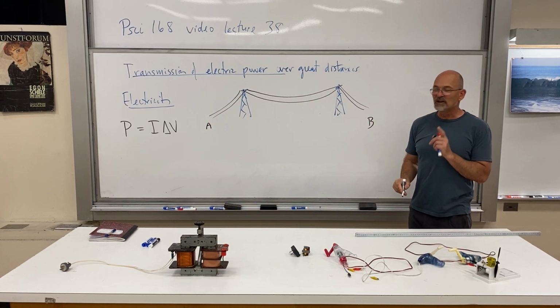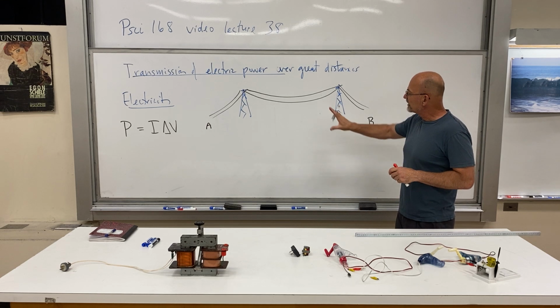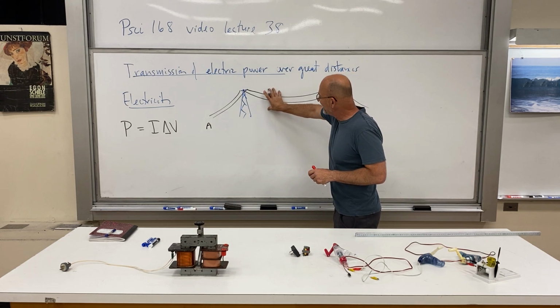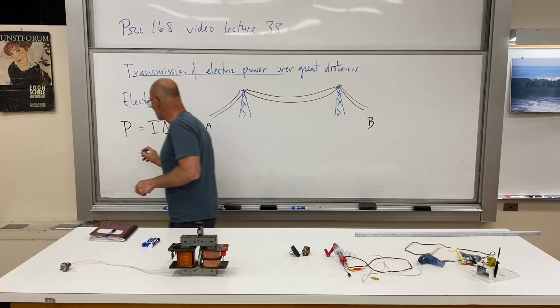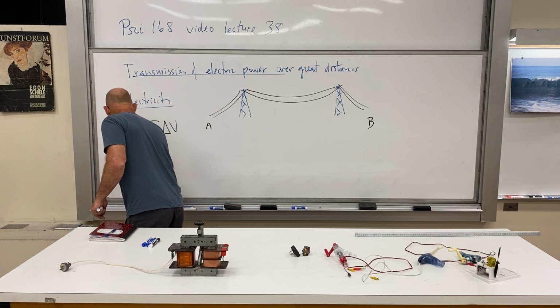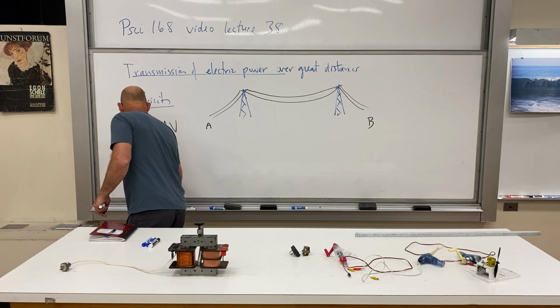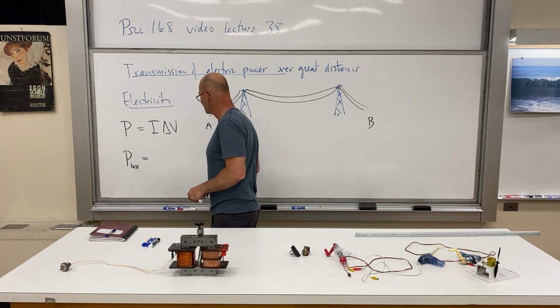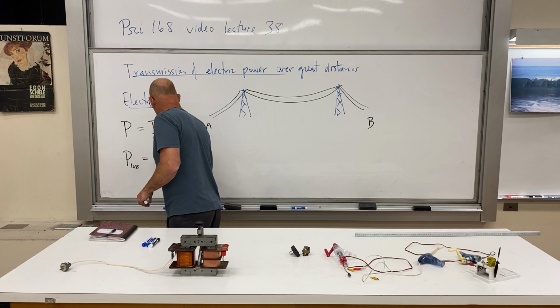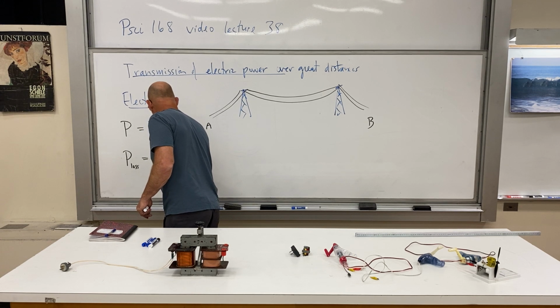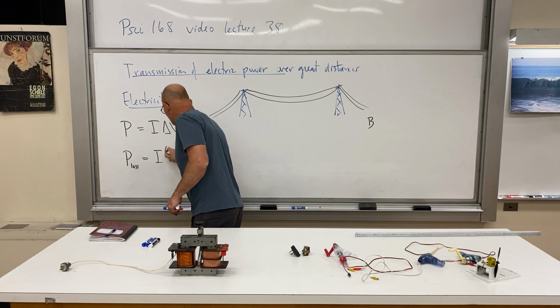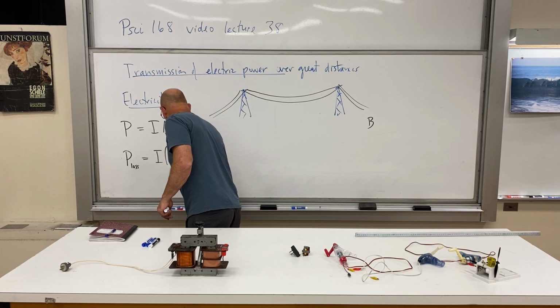But there are going to be losses, and the losses are due to heating of these wires over great distance. So I'm going to write P loss is equal to I times, now delta V, R of the wire.